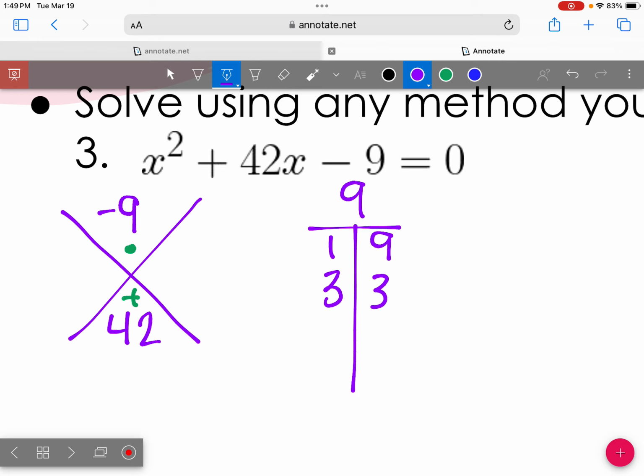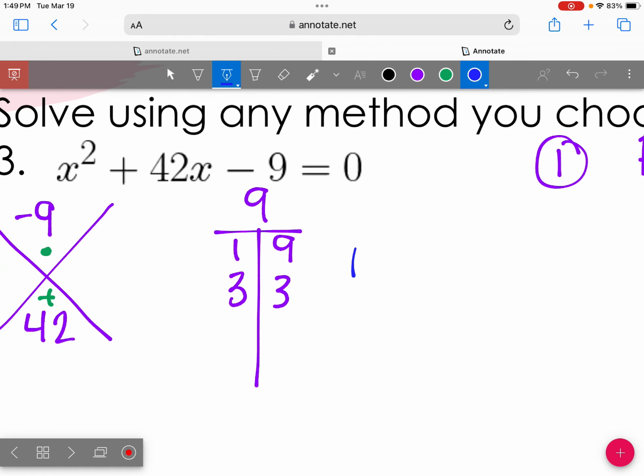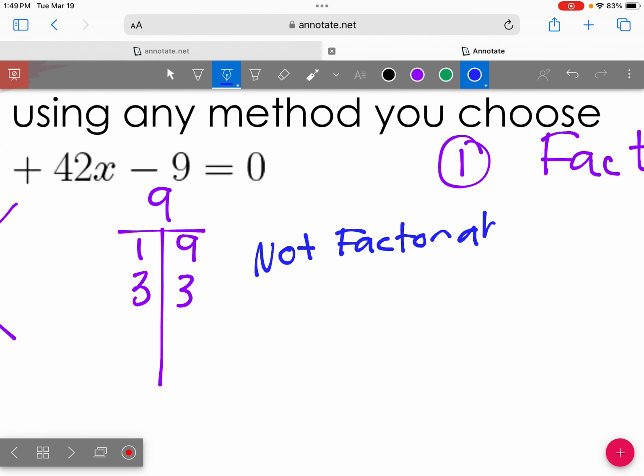Do any of them add up to 42? So is this factorable? Gross, right? So if it's not factorable, and we can't solve by square roots because I don't have a square root here, gross.